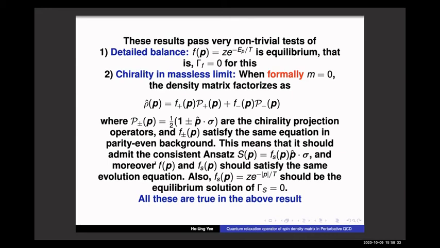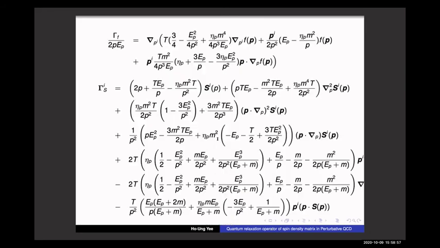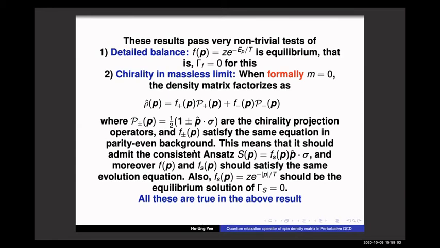Also, the coefficient functions in front of the projection operators, f plus and f minus, should obey the same equation in a parity even environment. That means they have to satisfy the same equation as the number distribution f. And quite remarkably again, with this complicated expression for gamma s, we were able to see that indeed in the massless limit, they satisfy the same equation that the number distribution f satisfies. That was also, I should emphasize, quite remarkable.